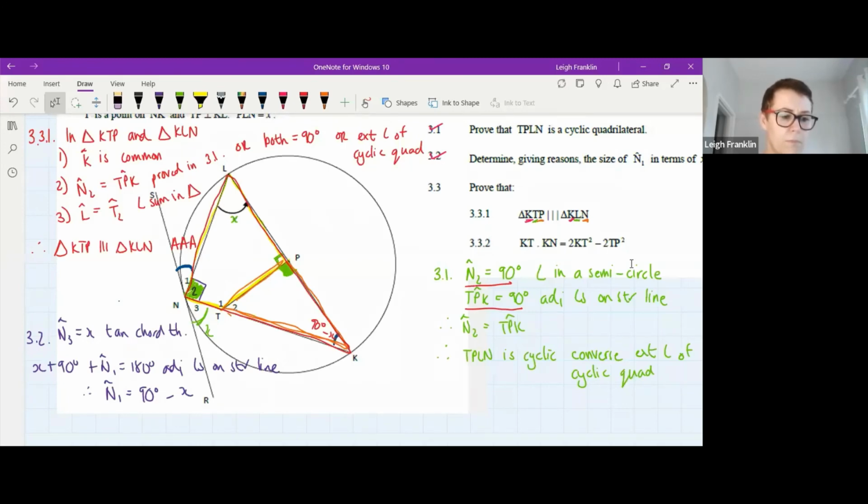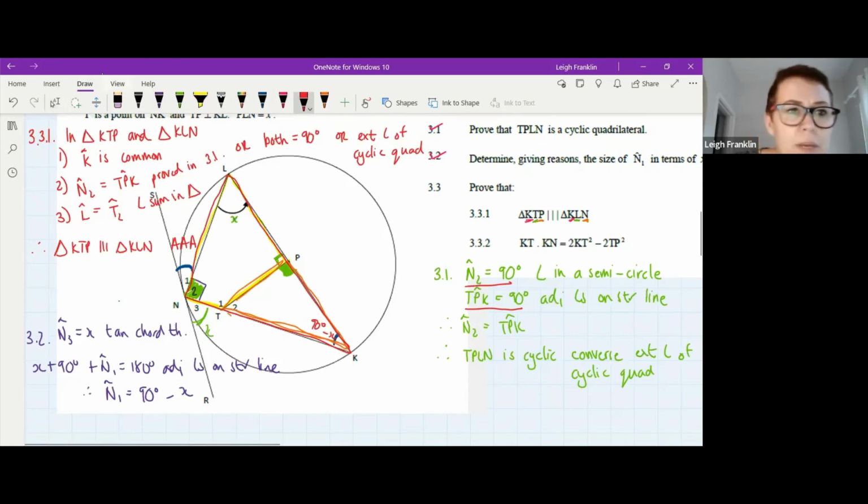Ma'am, can you write KT over KL is equal to TP over LN, which is also equal to KP over KN? Absolutely. That is exactly the right way to approach this. So now they're talking about the sides, we need to write something about the sides. So that was 100% perfect. That is where we're going to start.